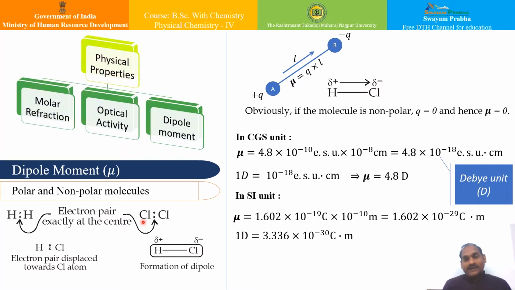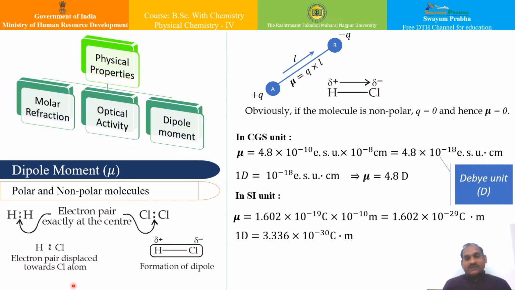Now, on the other hand, if two atoms are dissimilar, say a molecule like HCl, in this HCl molecule, the chlorine atom is more electronegative, isn't it?